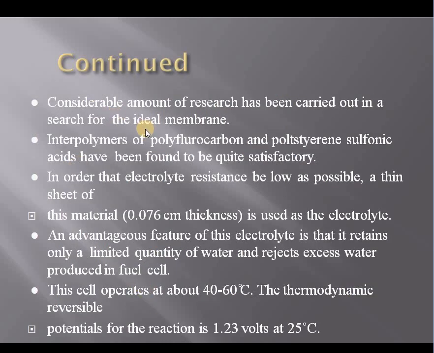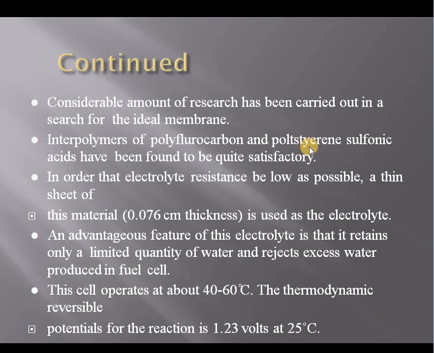Now, a considerable amount of research has been carried out on ideal membranes. It should be interpolymers or polyfluorocarbons or polystyrene, and sulfonic acids have been found to be quite satisfactory. So those can be interpolymers, polyfluorocarbons, polystyrenes, sulfonic acids, and they can be used quite satisfactorily.